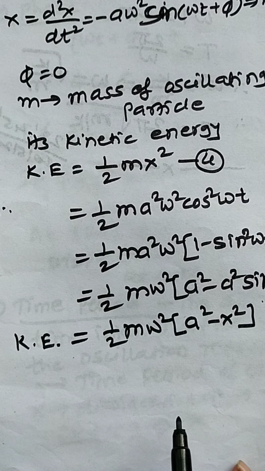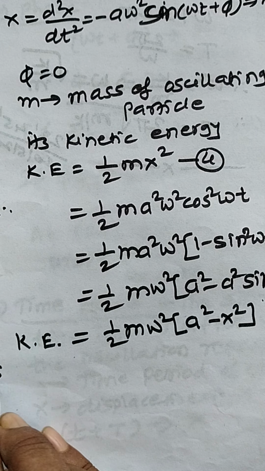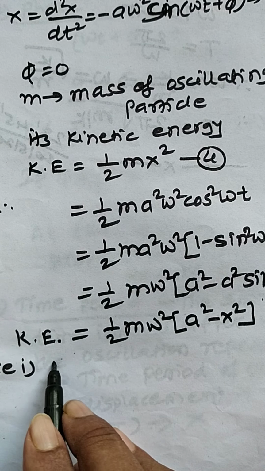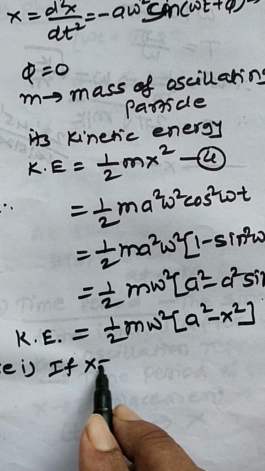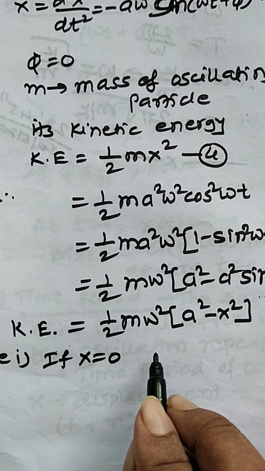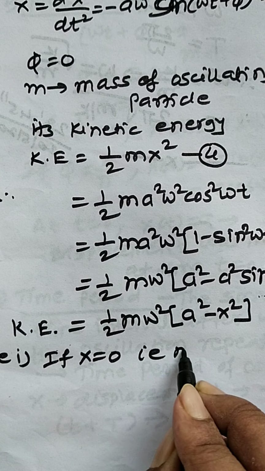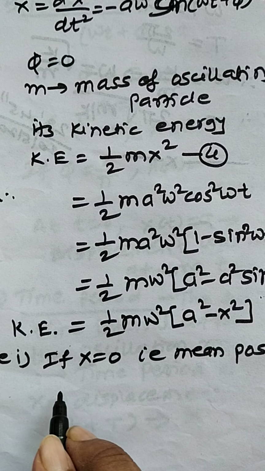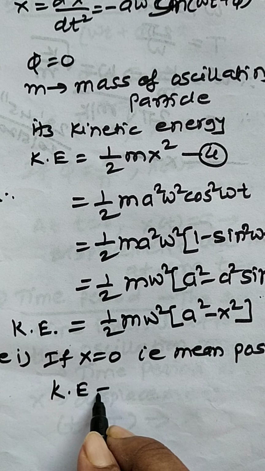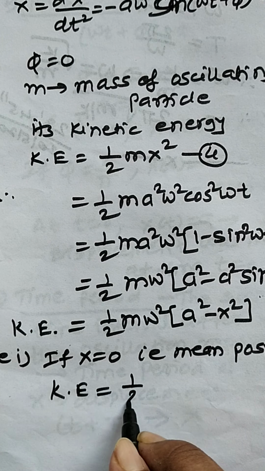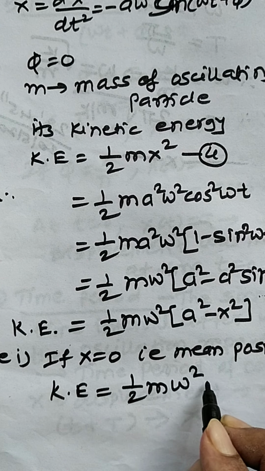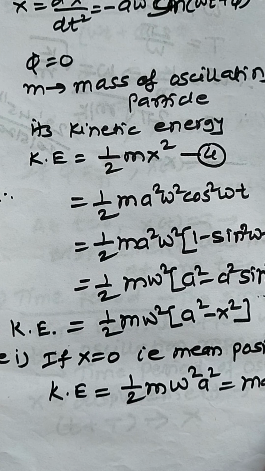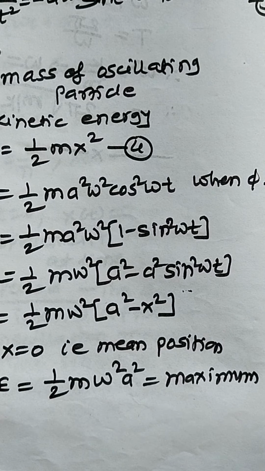There are two cases. Case 1: if x is equal to 0, that is the mean position, then the kinetic energy is 1/2 m ω² a², which is the maximum.